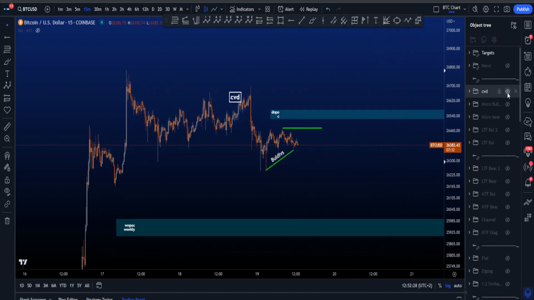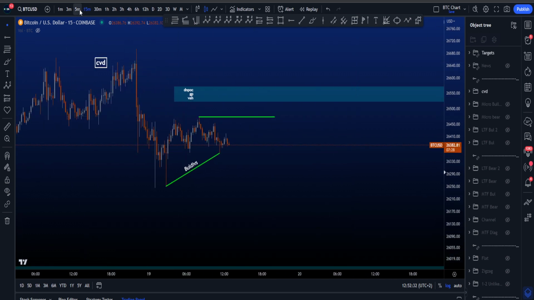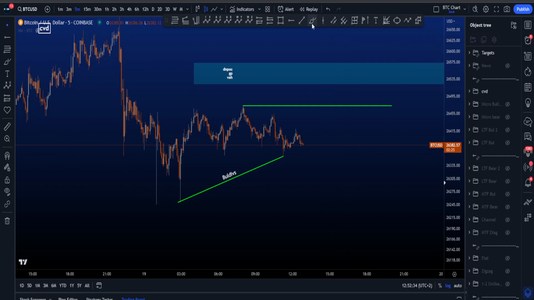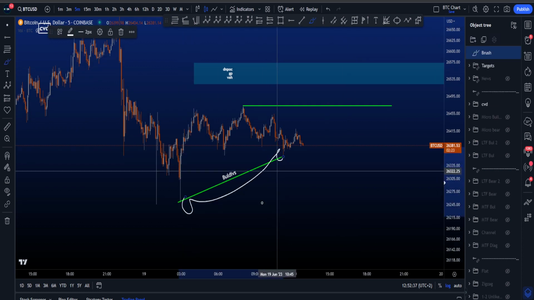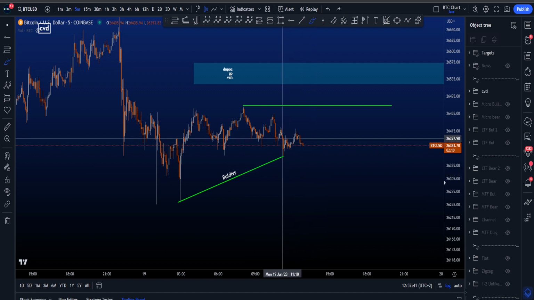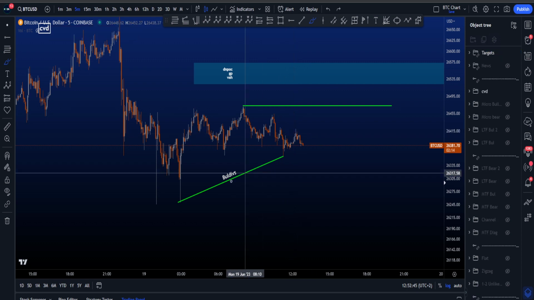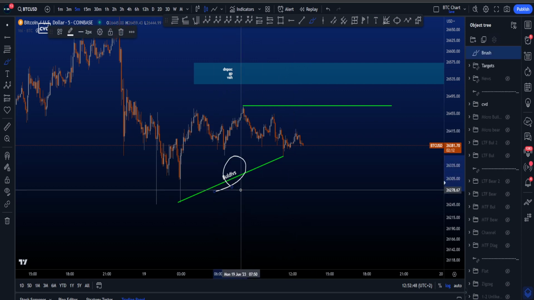If we then look at the CVD divergences though, we have some bullish divergences over here between the two lows: higher low in price, lower low on the CVD in blue, which I'll show you in a second. However, very, very locally, we also created some bearish divergences, and that is important. So this bullish divergence is not a clean setup.